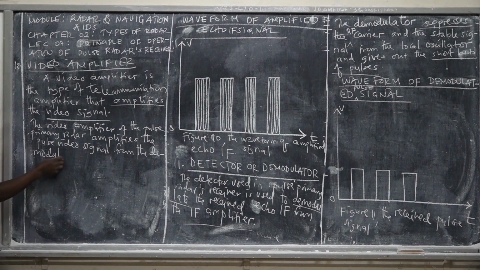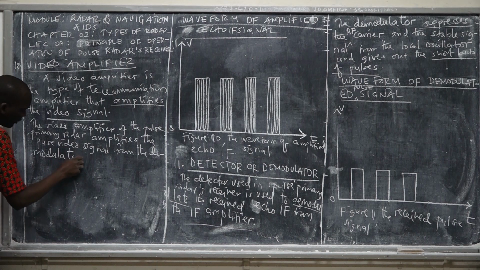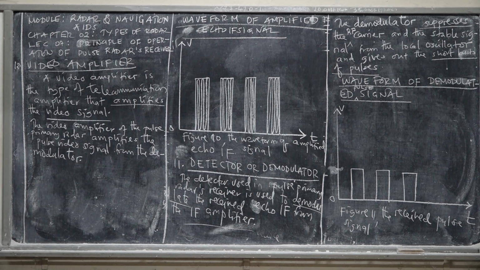So its primary function is to amplify what? The pulse video signal. From what? From the demodulator. That's the primary function of the video amplifier. So what will be the waveform?